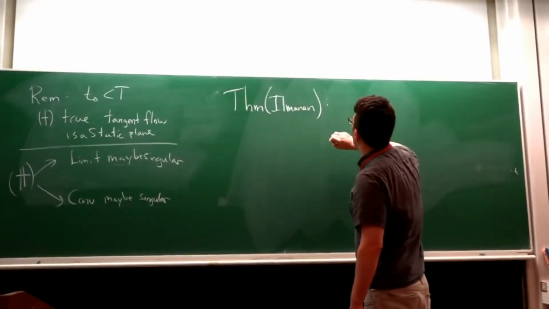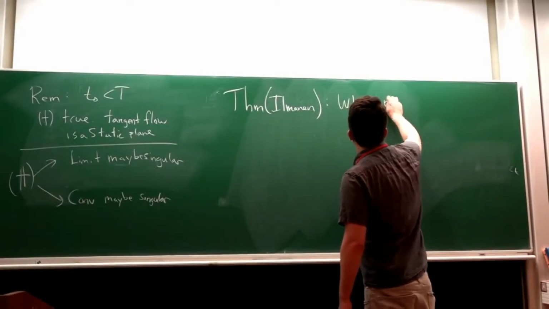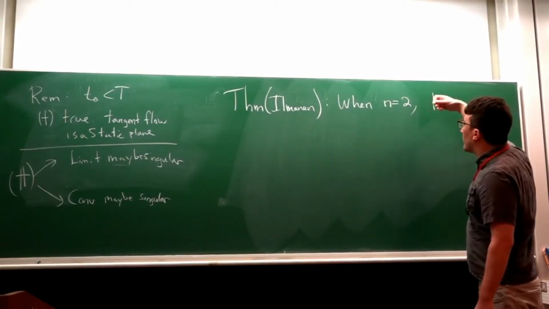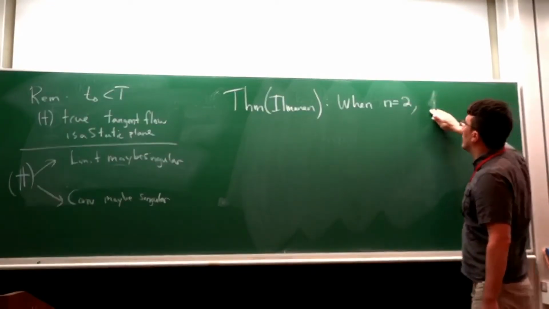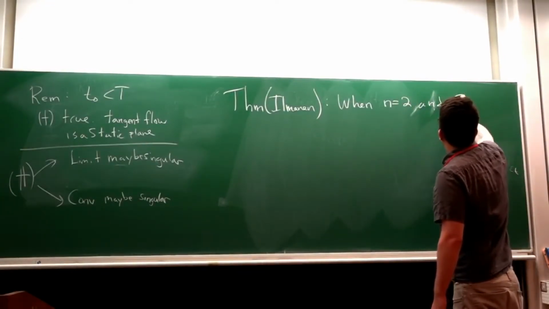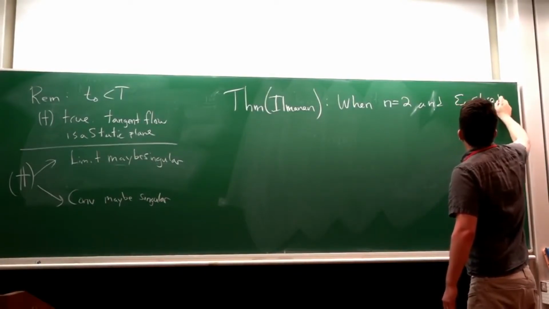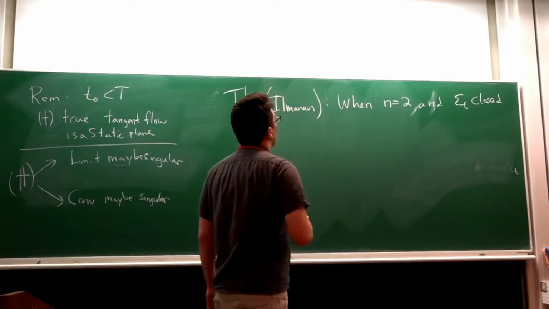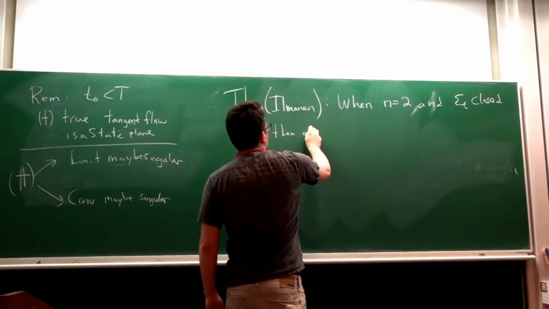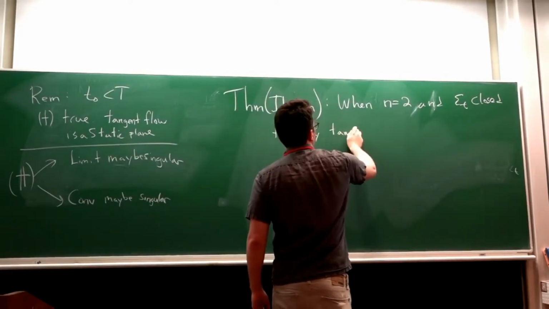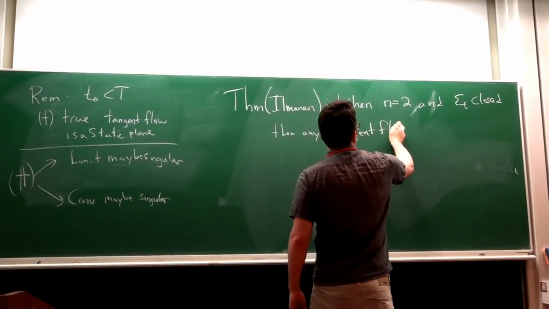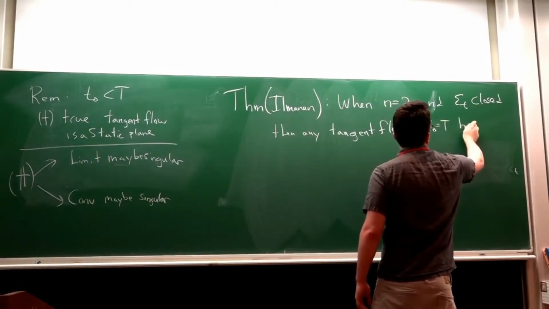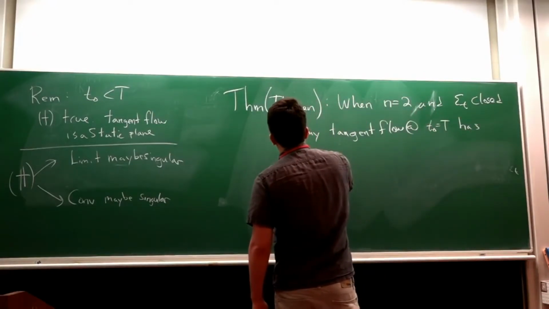He said that when the ambient dimension is 3, and with some additional assumption, maybe like the Sigma t being closed, so we're looking now at a smooth flow, and we're looking at the first singular time, then any tangent flow at t not equal to capital T has smooth support.